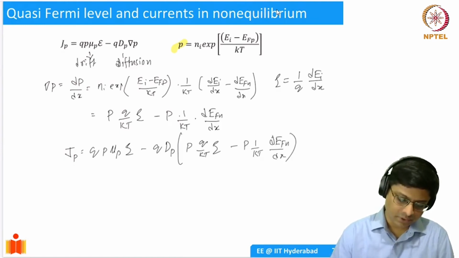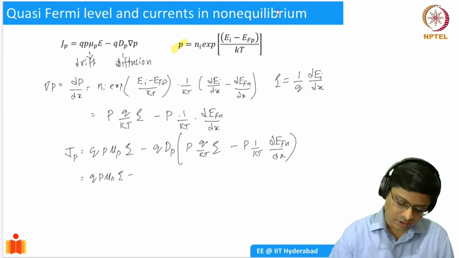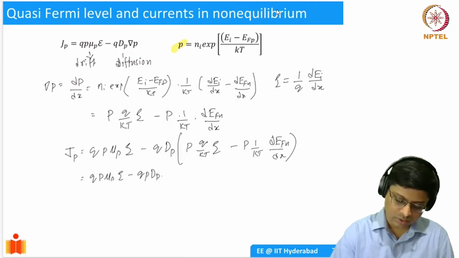So I can expand it out. So basically this is going to be q p mu P E minus q dP times q by kT.